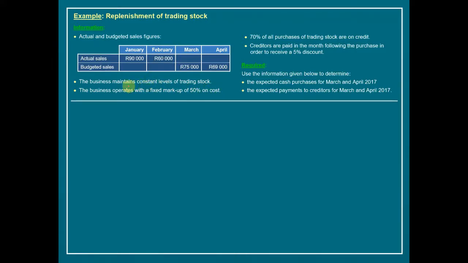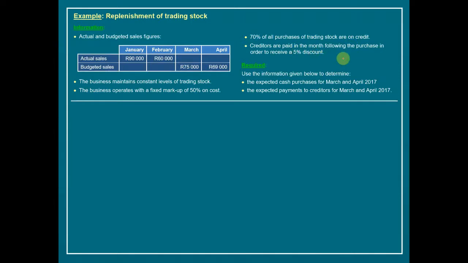Whenever you read in a question that the business maintains constant levels of trading stock, it means that we need to consider the replenishment of trading stock. It's like synonyms. 70% of all purchases of trading stock are on credit.